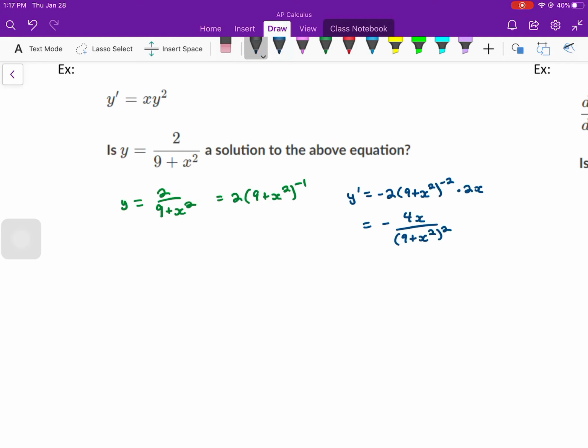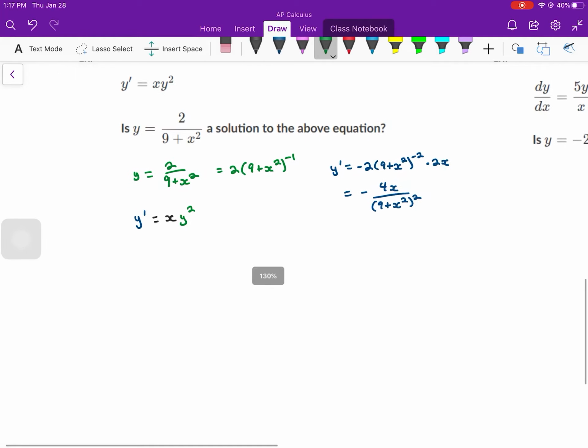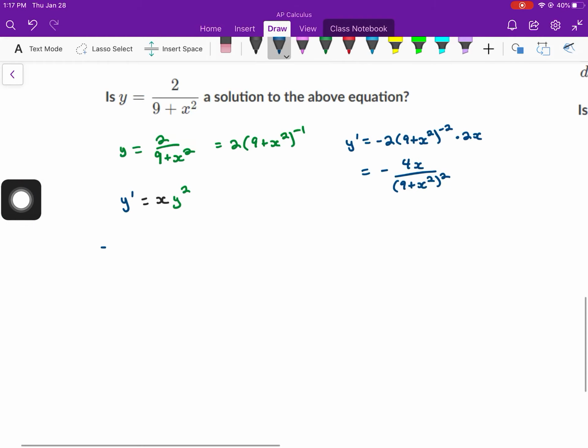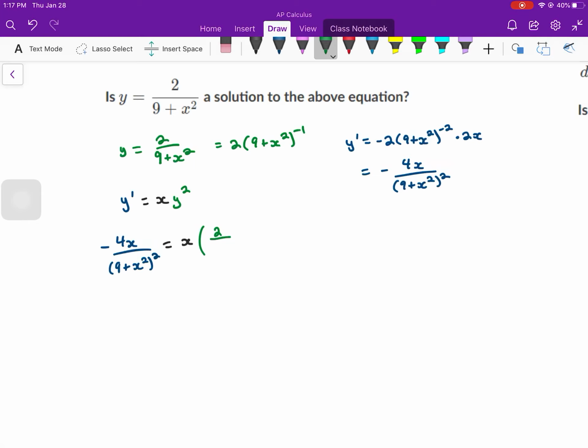So what is our function? Our function, or our differential equation, I mean, is y prime equals x times y squared. So let's see what happens. So really this was all the work over here. We might get something similar. So y is 2 over 9 plus x squared.